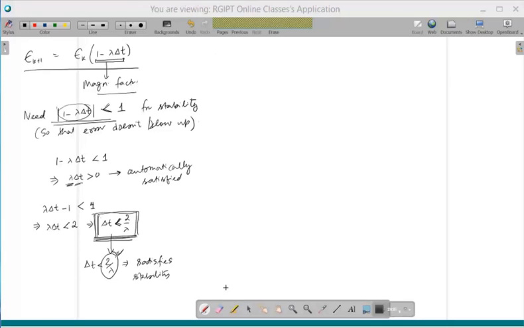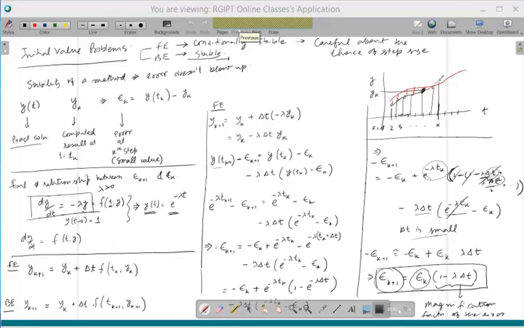Now remember, one catch here is that I showed that this threshold time step value is obtained for a particular problem, a particular differential equation. And this was used just for illustrating how errors can blow up, and what the way of doing error analysis is.